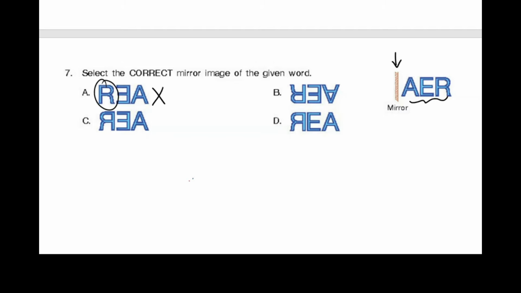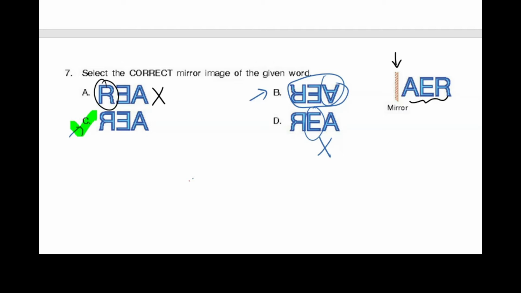Here E is the same, we'll remove this. The mirror image of A is the same as the object, I mean A. Now we are just left with C and B. If you focus properly, this is the water image because it's upside down. So our answer will be C. C is the correct option.